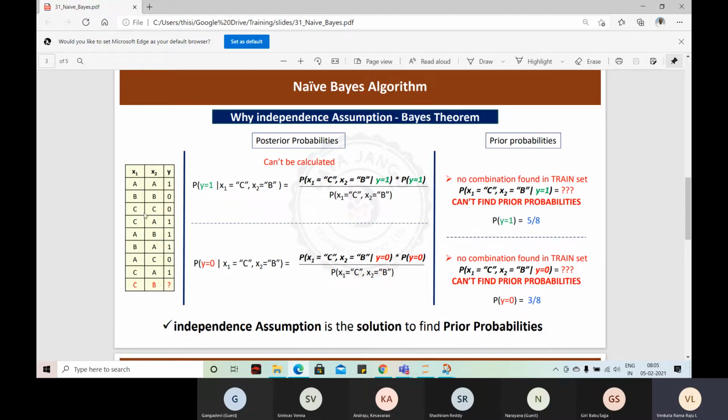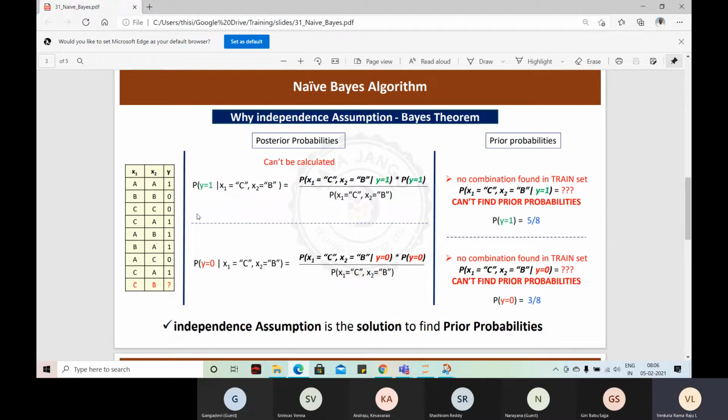I have taken two input variables, x1 and x2. So I am trying to calculate the probability of 1 given c comma b, right? x1 is equal to c and x2 is equal to b. To calculate this, we need to calculate the probability of x1 equal to c, x2 equal to b given 1.